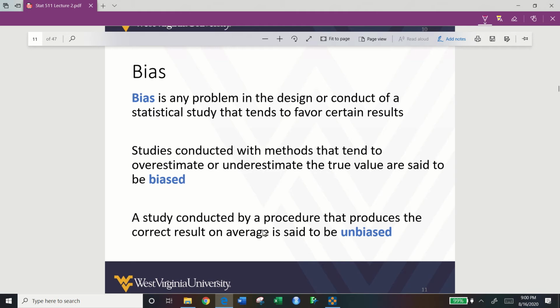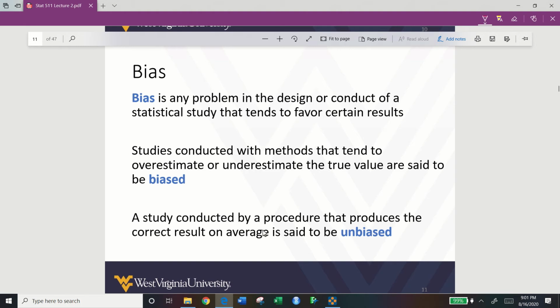So, if you were to take a poll of Texas, chances are it's going to favor, say in a presidential race, whoever the Republican candidate is. If you were to poll in California, it is going to be biased towards the Democratic candidate. And so neither of them are going to be very accurate ways to predict who is going to be, say, the next president of the United States.